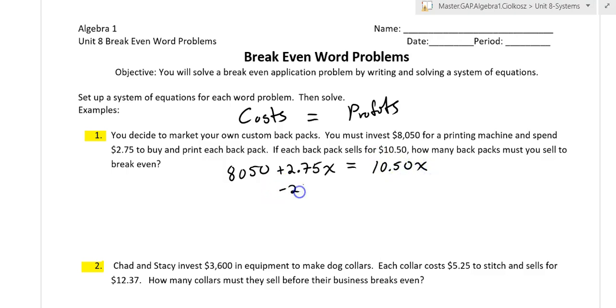So I'm going to subtract. 10.50 minus 2.75 gives me 775x, dividing.